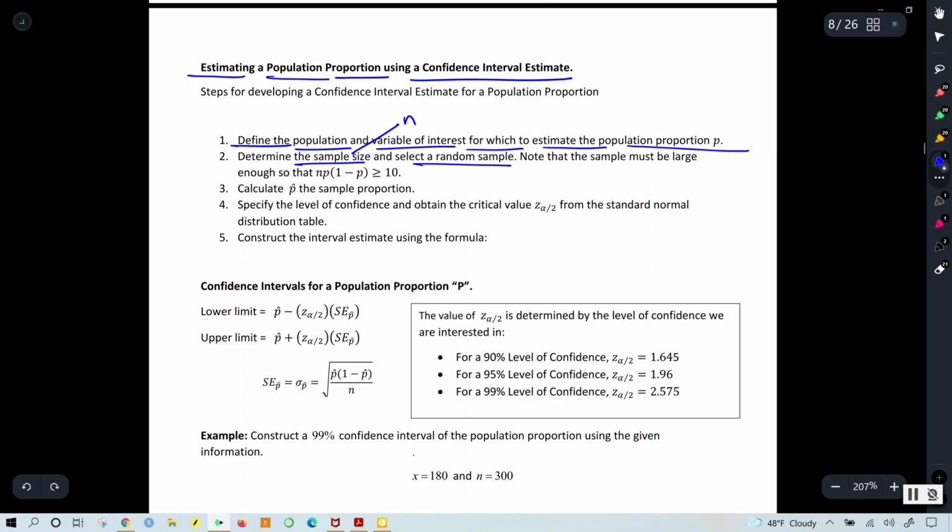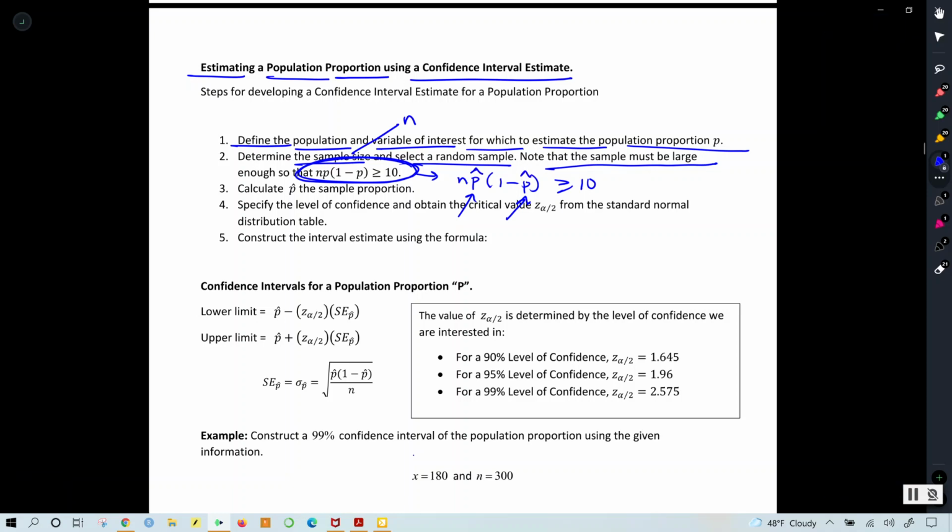We'll also select the sampling units, and ideally we would like the sample to be large enough so that this very important condition, n times p times (1 - p), be at least 10. Remember, p is unknown, so we usually estimate p using the sample proportion p̂.